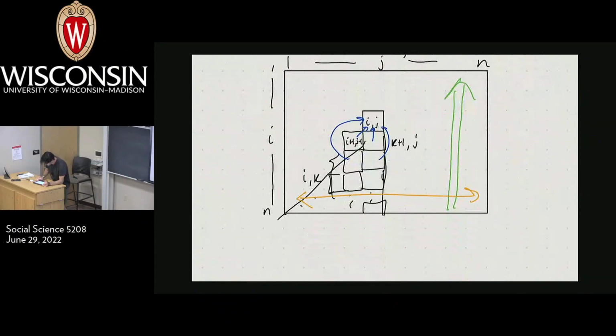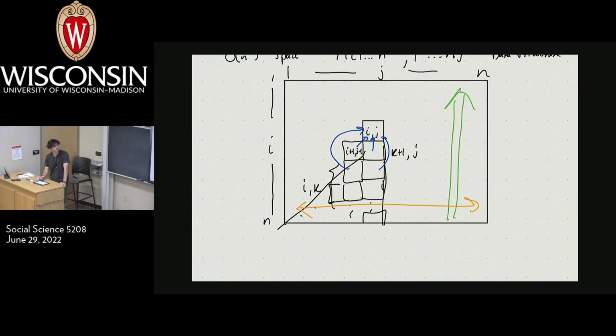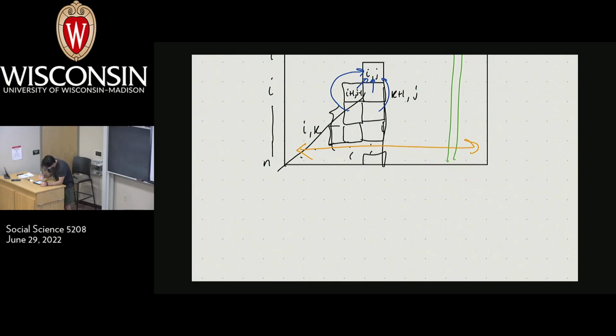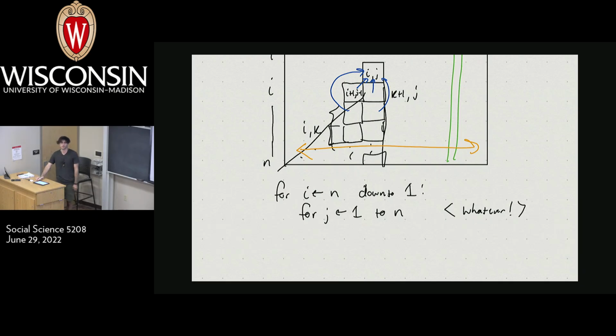Okay, so that's what our graph looks like. And so if we had to pick the eval order, it would be for i is n down to 1, and then for j, I'm just going to pick one at random to n, but this can be whatever you want. Any order. Could be a weird order. We don't care.